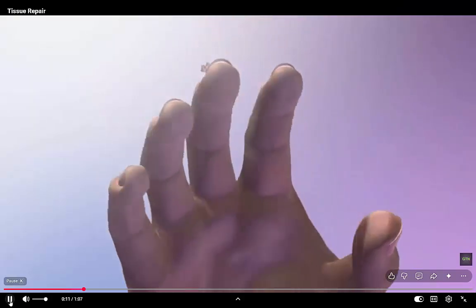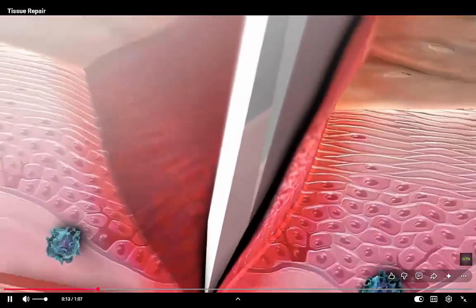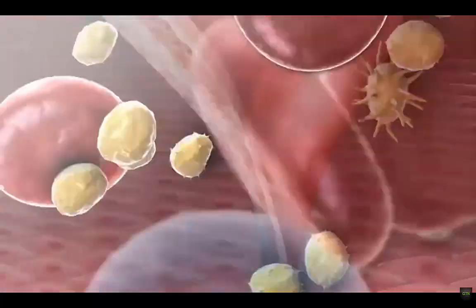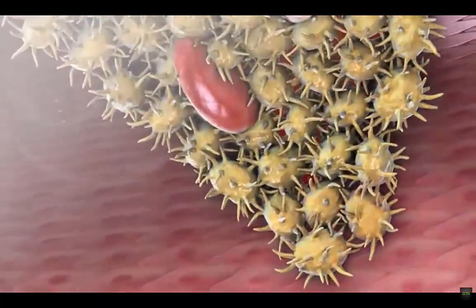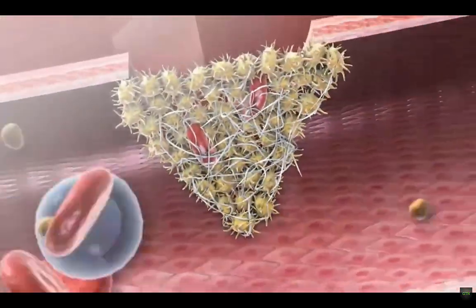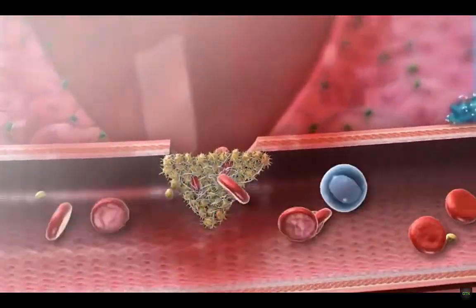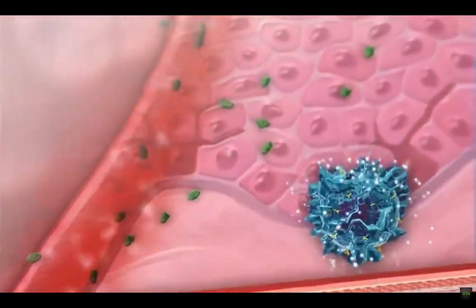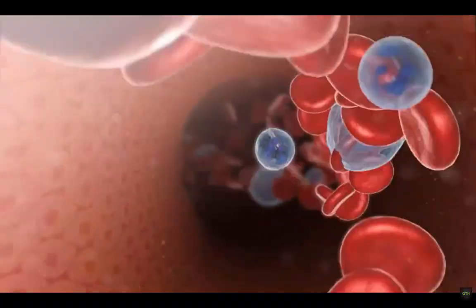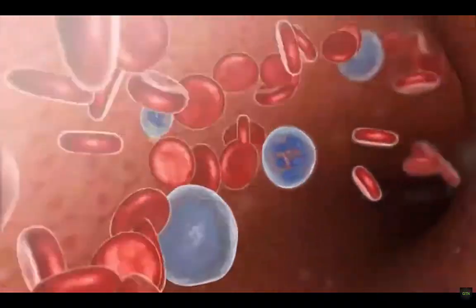Soft tissue organs in the body repair injury through a multi-step process that begins as platelets from torn vessels work to form a mesh-like clot that prevents blood loss. Inflammation in the area occurs as tissue repair begins in the damaged area. Mast cells release histamine that dilates blood vessels and increases blood flow to the repair site.